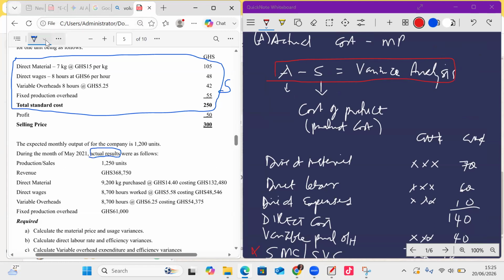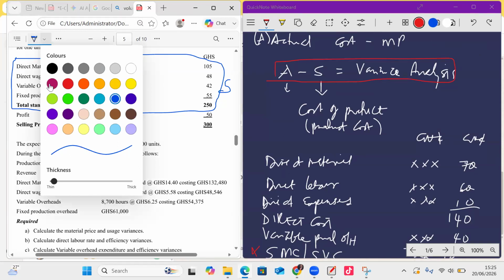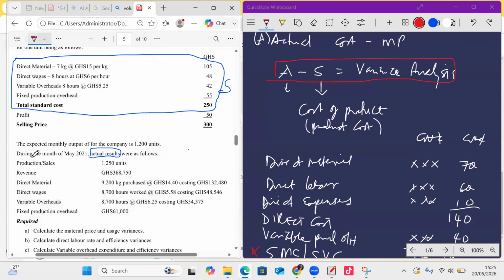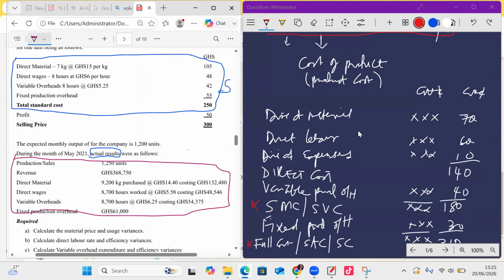So all the items down here are actual results. Are you good? Good. So now let's proceed. We are saying that we need to find the standard and the actual, which we are working on.